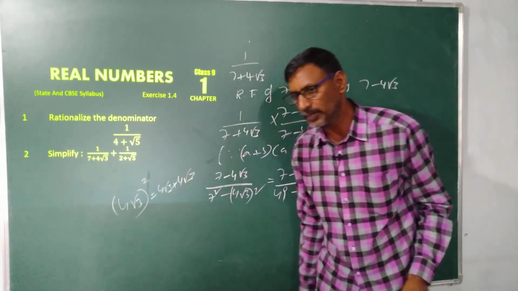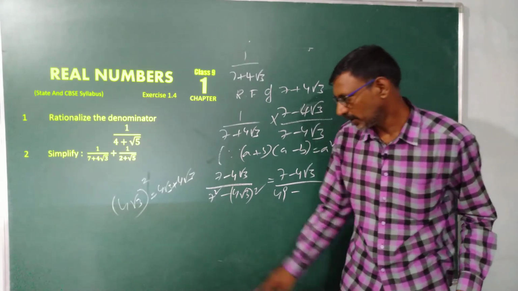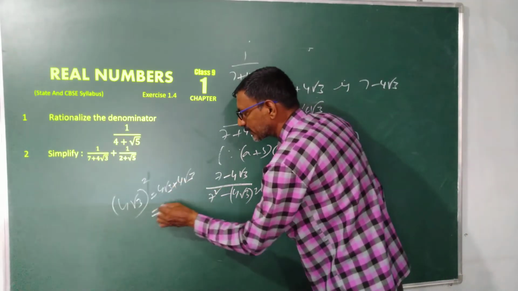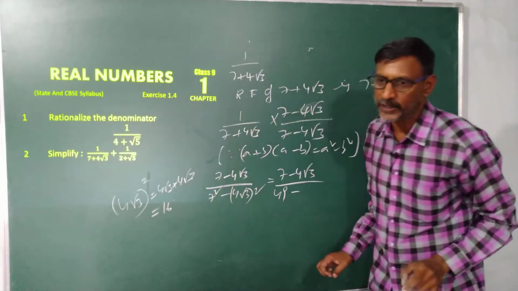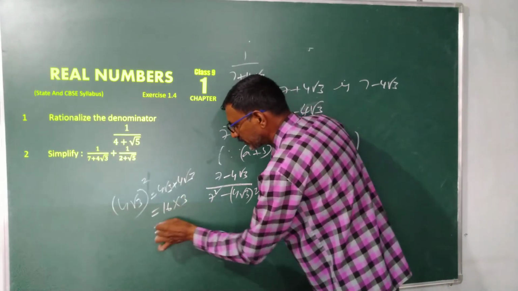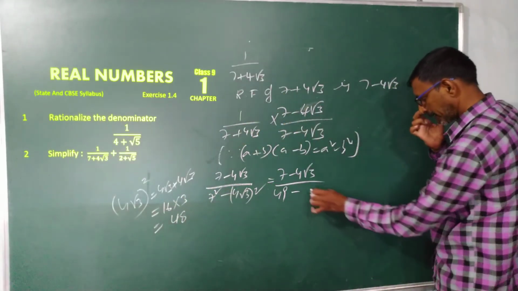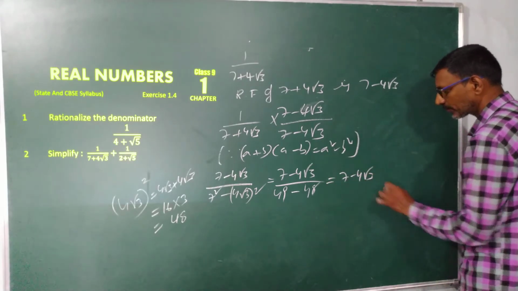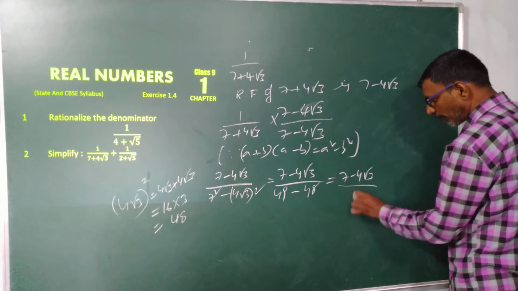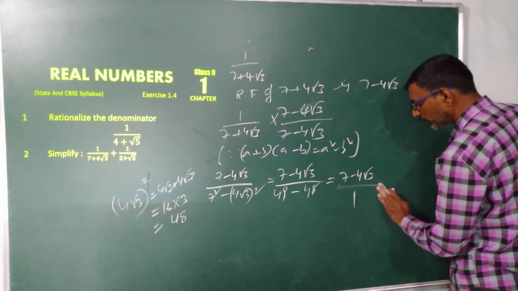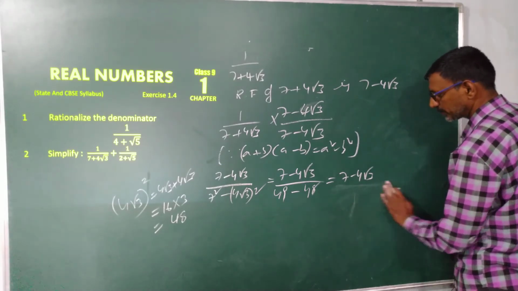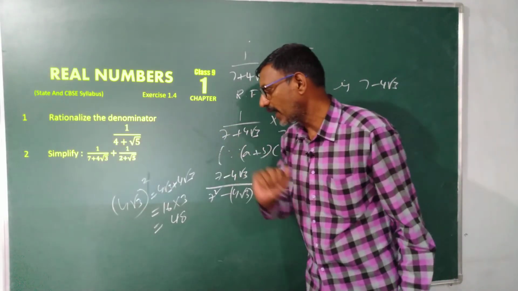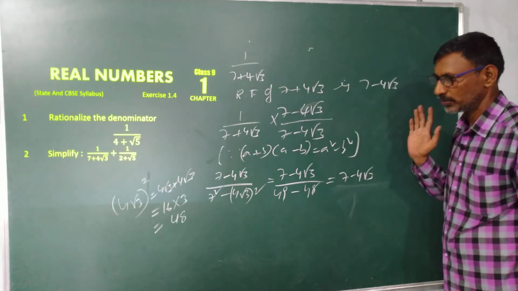Power says that the base should be multiplied how many times? My power is 2, that's the reason I multiplied 2 times. 4 fours are 16. Root 3 into root 3, I already explained, is just 3. 16 threes are 48. Write it down. Then we get 7 minus 4 root 3 divided by 1. 49 minus 48 is 1. You have no need to write the 1, I told you so many times. By simplifying this, I get 7 minus 4 root 3.